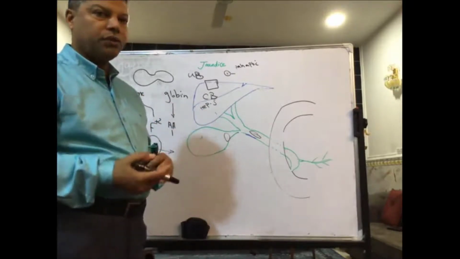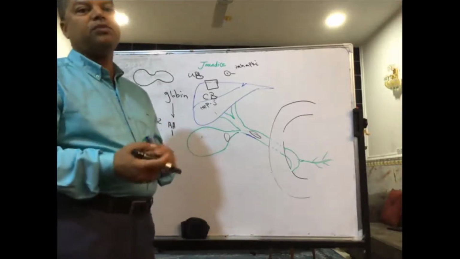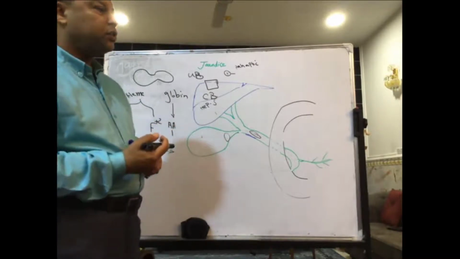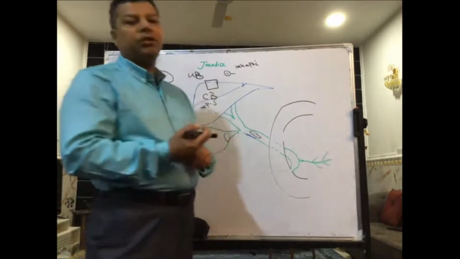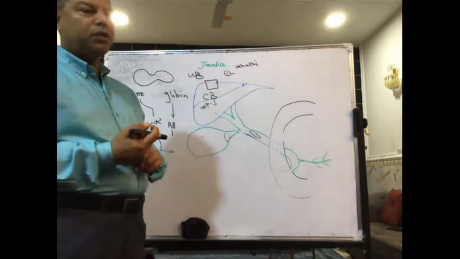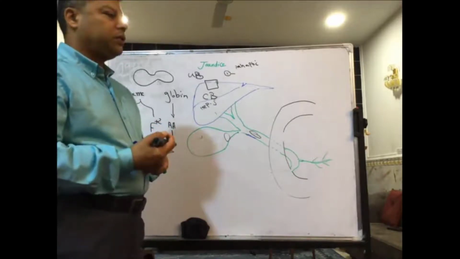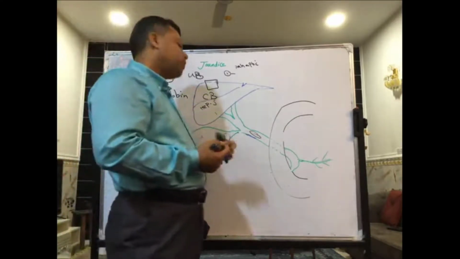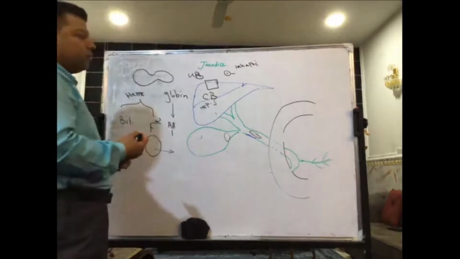Is it a chronic duration of jaundice? Presence or absence of pruritus, scratching, and pruritus means deposition of bile salt into the skin and irritation of the nerve endings responsible for itching.